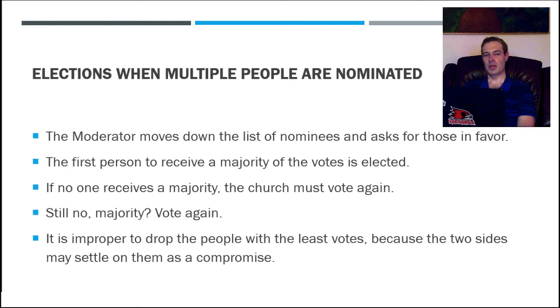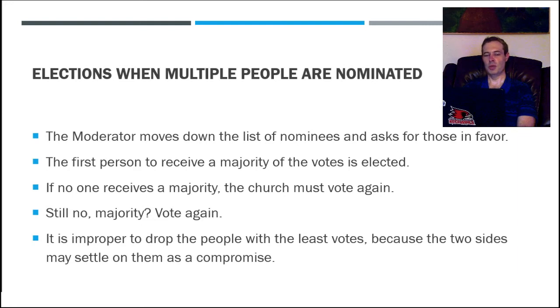Now, oftentimes what happens is the moderator will name each person and have the church vote on each person. But technically, if the first person gets enough votes to have a majority, there's really no need to ask for the vote on the other 2.